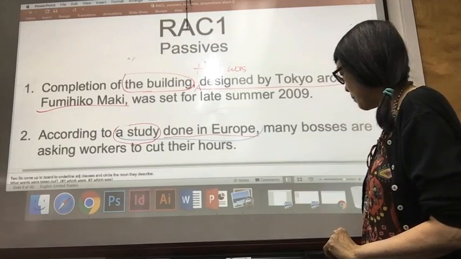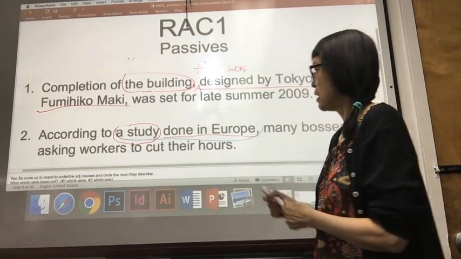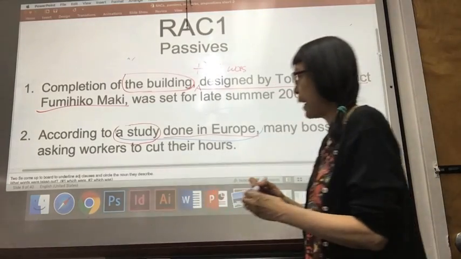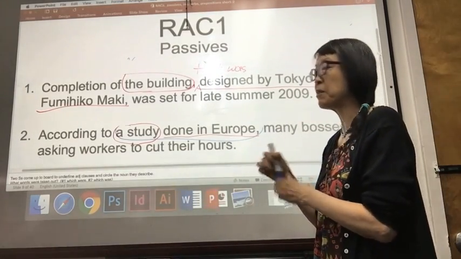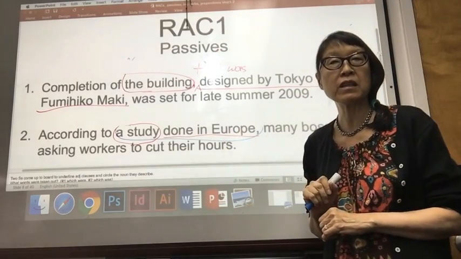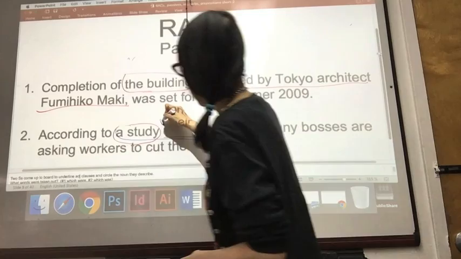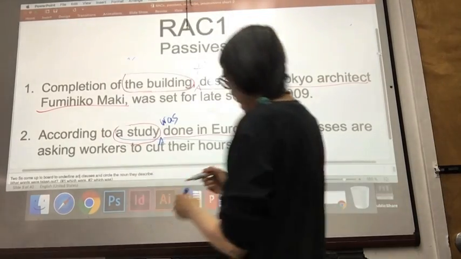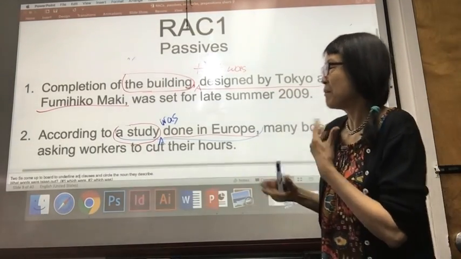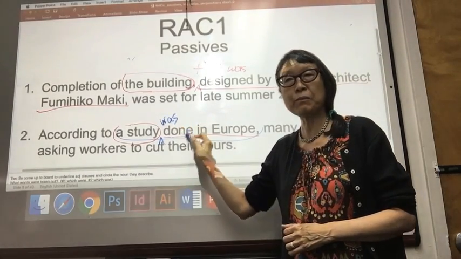What's the verb form? A passive. All right, so it's past passive, and if we wanted to put back a word in here, what would it be? That was done in Europe. That was done, okay? So this might be a little tricky just because, what do we call this word again in the passive form?